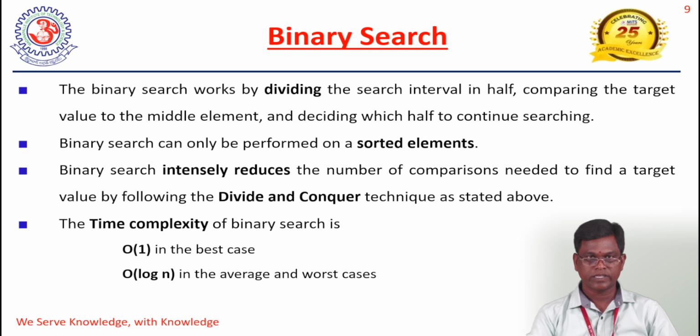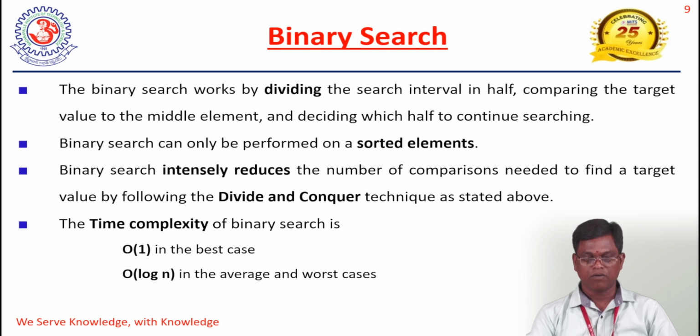Even with this limitation, binary search performs well by intensively reducing the number of comparisons needed to find the target element in the given list, using an approach called the divide and conquer technique.